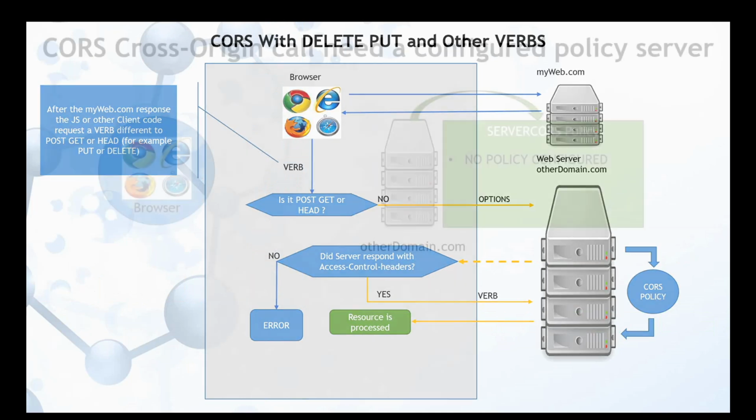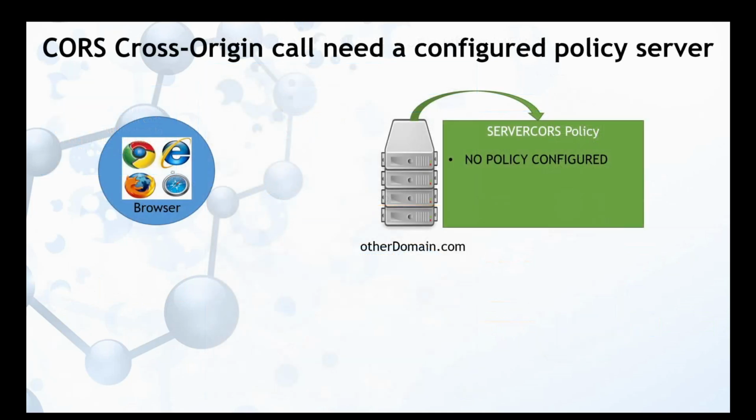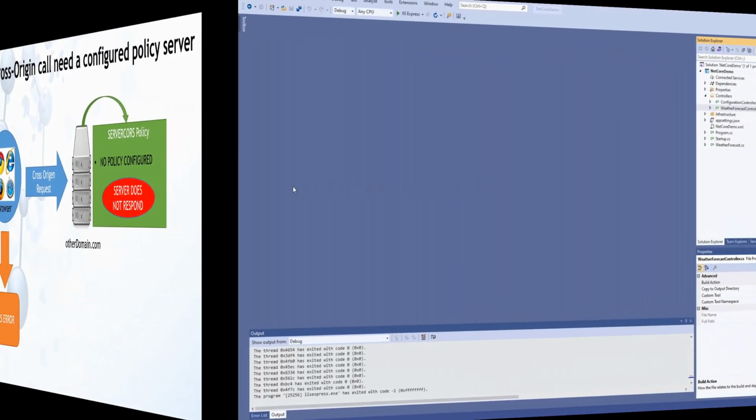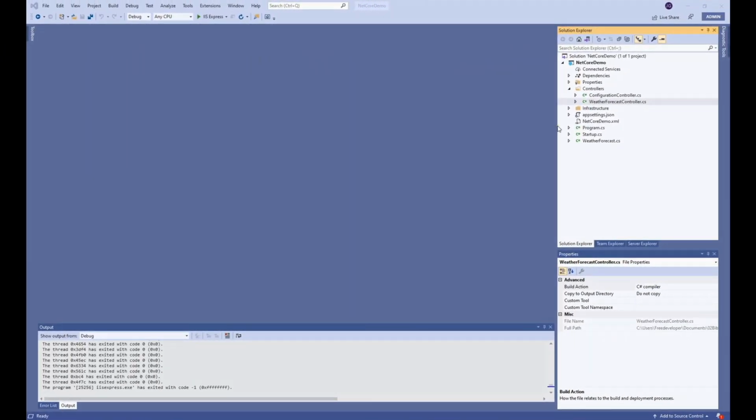Let's stay clear on one point. If the service is not configured to manage CORS, then a CORS request from the browser produces no response from the server and the cross-origin request from the browser fails. Let's see this in code. For this demonstration, we need a service and a client program.